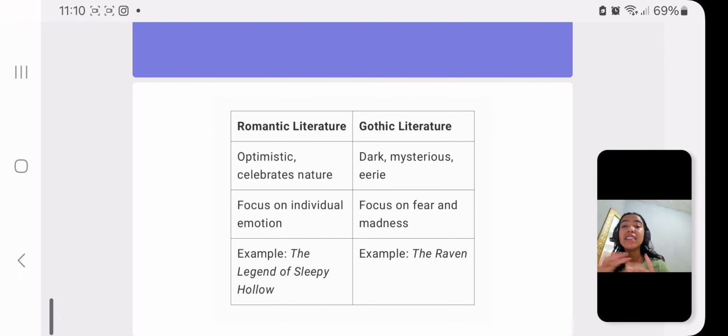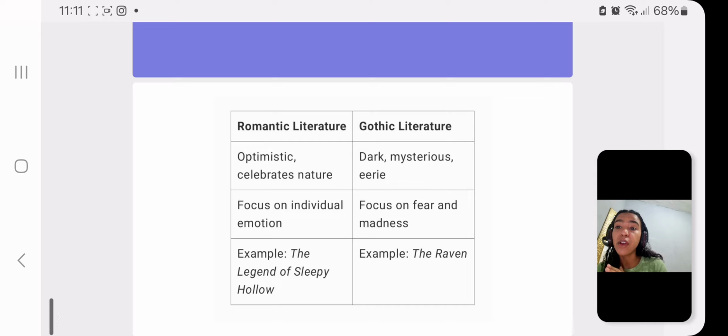Okay, guys, summarizing the differences. Romantic literature, the big movement, is optimistic, celebrates nature. Gothic literature, which is a part of Romantic literature, is dark, mysterious, and eerie.